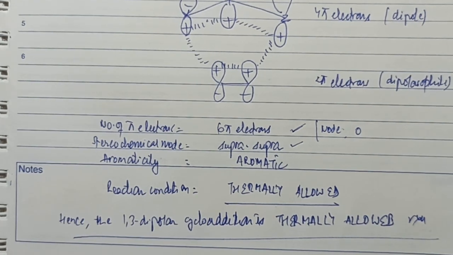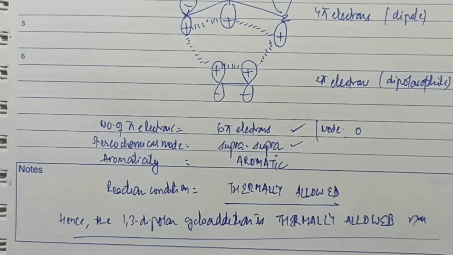So if I sum it up, 1,3 dipolar reactions are a kind of cycloaddition reactions which involve two components. The first component is a 1,3 dipole, which is a 4 pi electron system, having 4 electrons but on 3 atoms. And the second component is a dipolarophile, which is normally a double or a triple bonded species contributing 2 pi electrons.